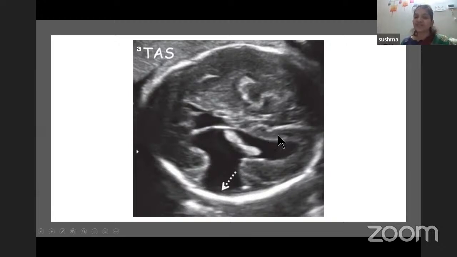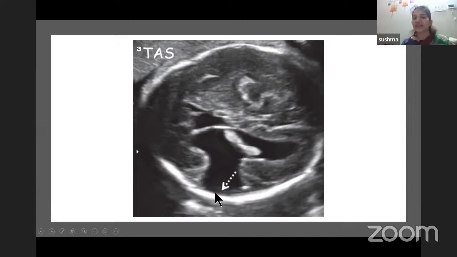So what do you think this section is? Is it transventricular, thalamic, or cerebellar? This is a transventricular plane. Here, the abnormality that we can see is a defect in the full thickness of the cerebral mantle.